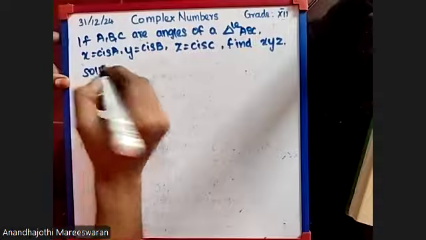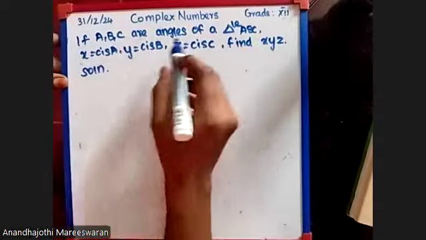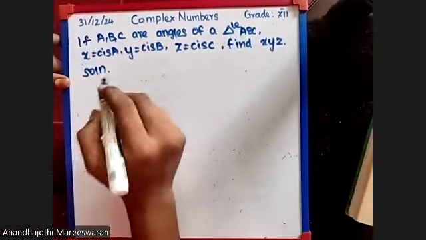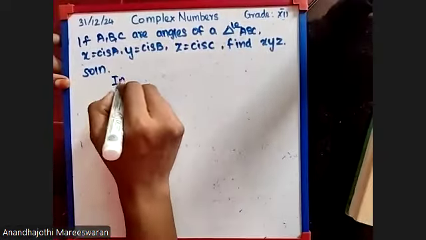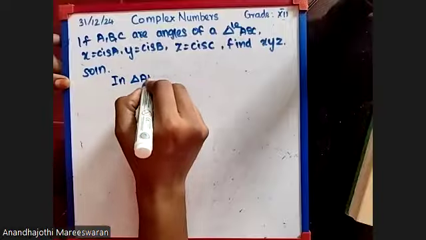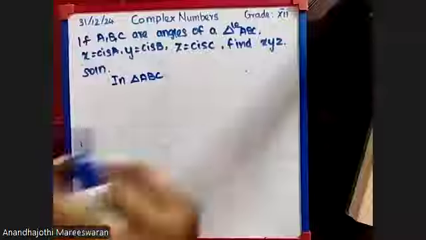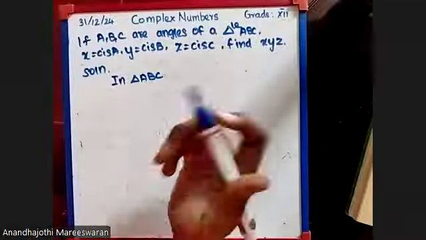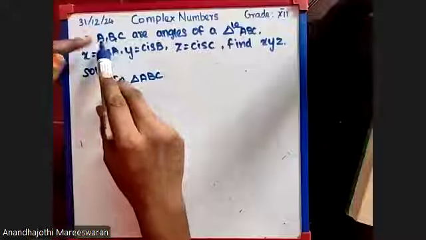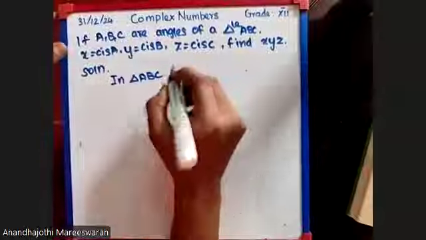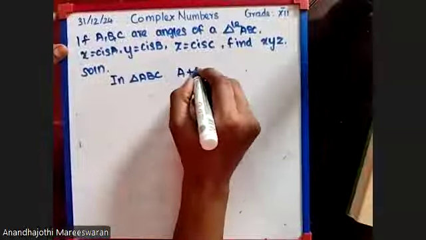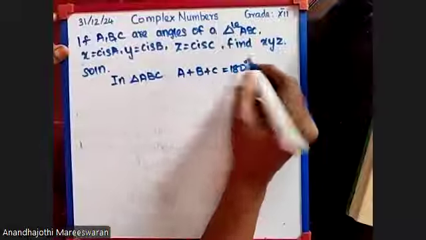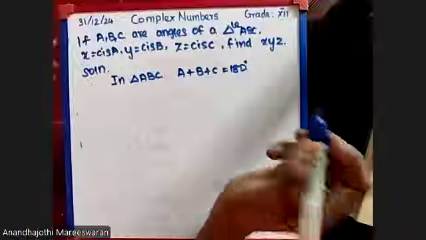Solution. What have they given? They have given that A, B, C are angles in a triangle ABC. If you consider a triangle, what will be the sum of the three angles? It's 180 degrees. So A plus B plus C equals 180 degrees.